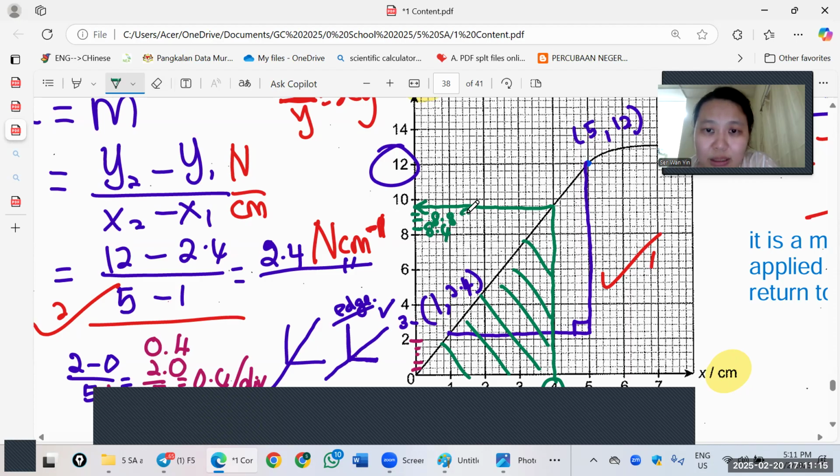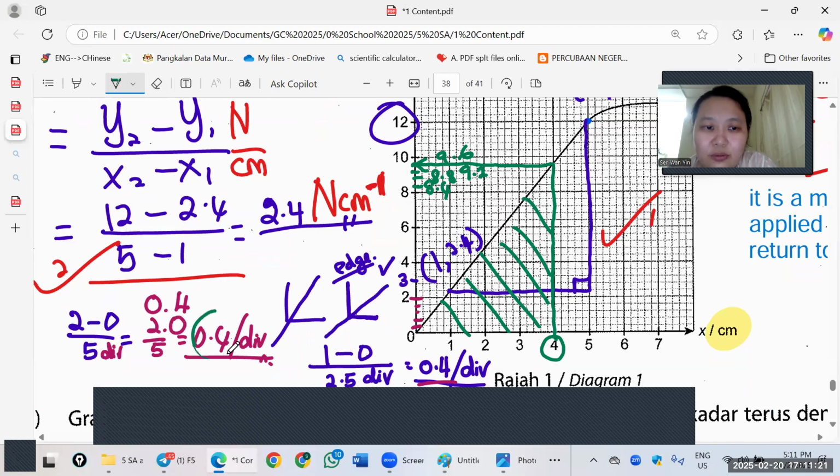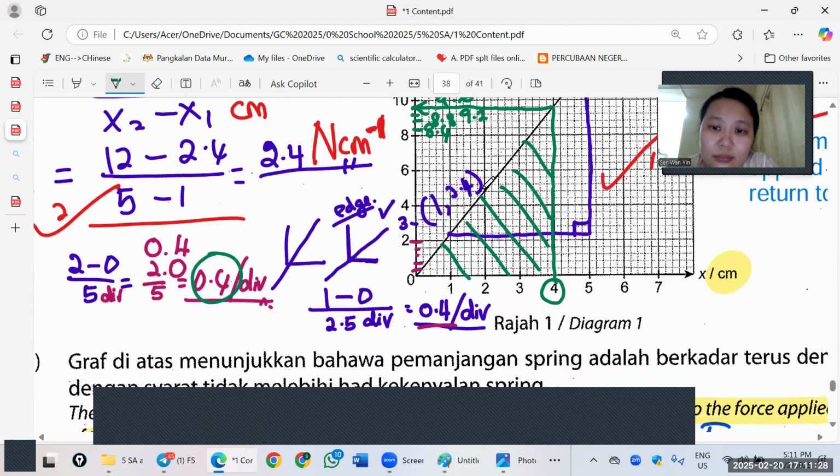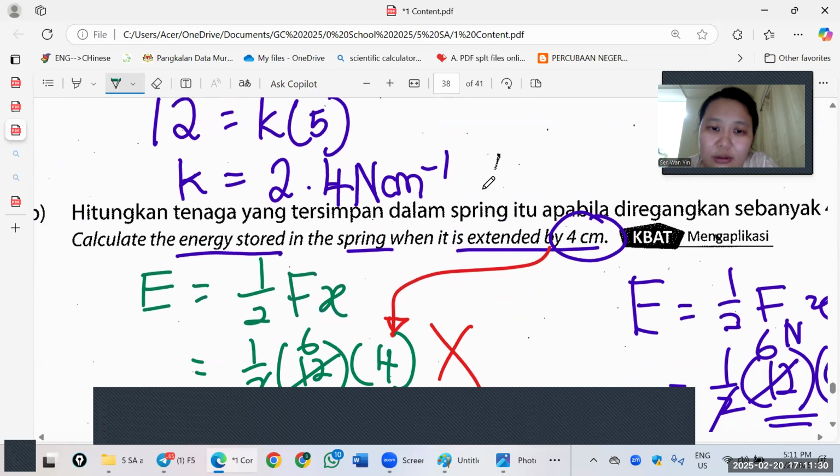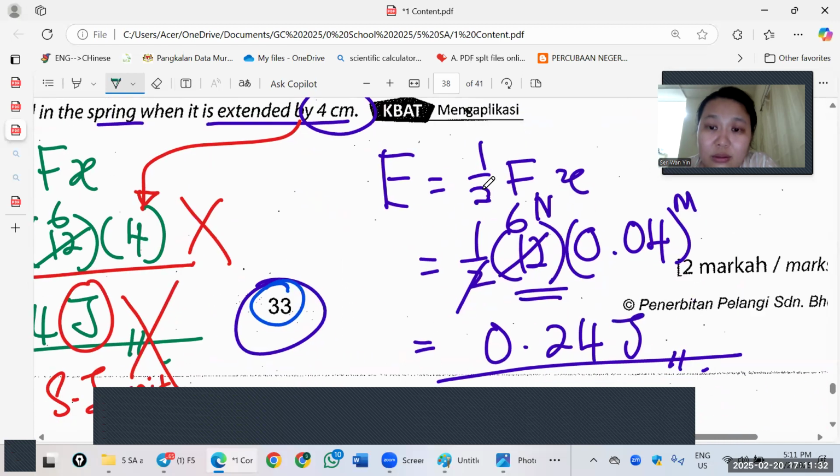Then this one will be 9.2, this one will be 9.6, because one division is 0.4. So 9.6. Sorry, my fault.